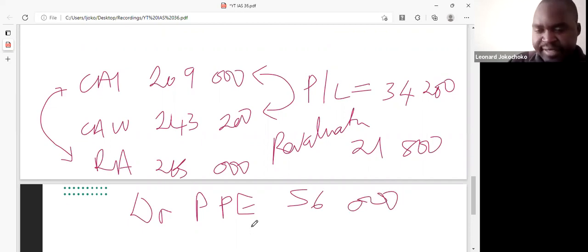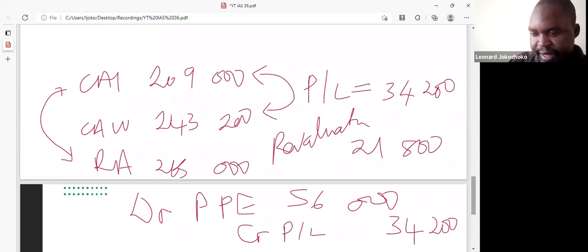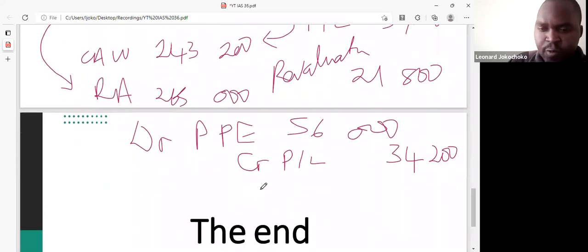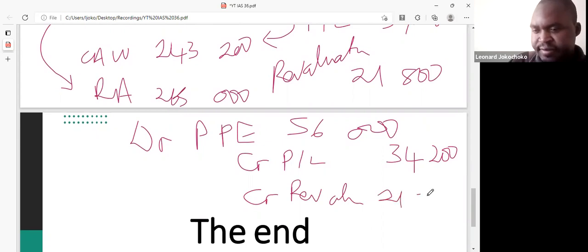However, this asset increase is accounted in the books by showing a reversal of impairment, that is, we're going to recognize it as an income in the profit and loss account of 34,200. Then the other increase which we had, we go and credit it as a revaluation of 21,800. And with this, we've seen, therefore, how to record a reversal of impairment in our books.